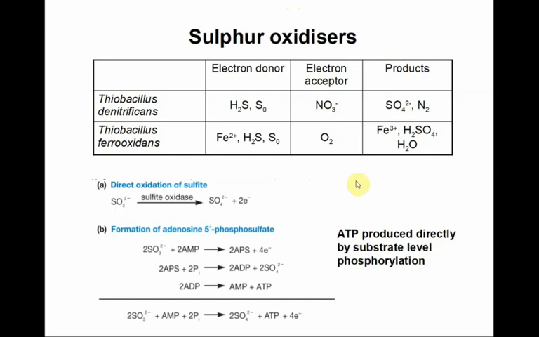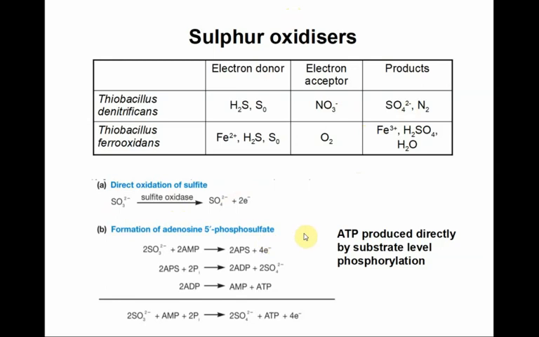So how can they get ATP and NADH from these reactions? Well, for the sulfite to sulfate reaction, there's a sulfite oxidoreductase in the plasma membrane. It's doing the same thing as for nitrite to nitrate in the nitrogen oxidizers, so this can produce a proton gradient.